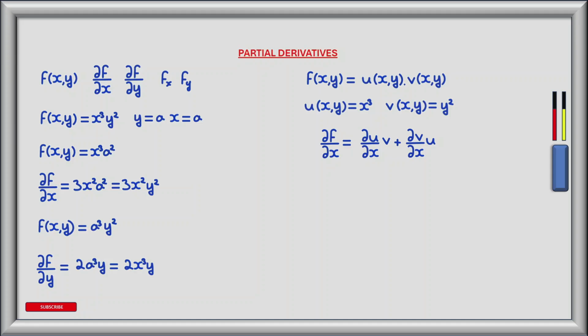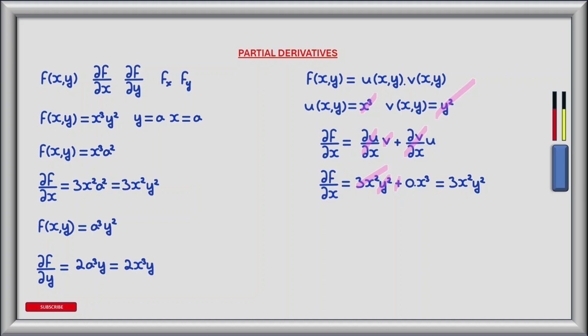Using the product rule, the partial derivative of f with respect to x is equal to the partial derivative of u with respect to x multiplied by v plus the partial derivative of v with respect to x multiplied by u. And so the partial derivative of u with respect to x is the derivative of x cubed with respect to x, which is 3x squared, and that's multiplied by v, and v is y squared, plus the partial derivative of v with respect to x, where v is equal to y squared.